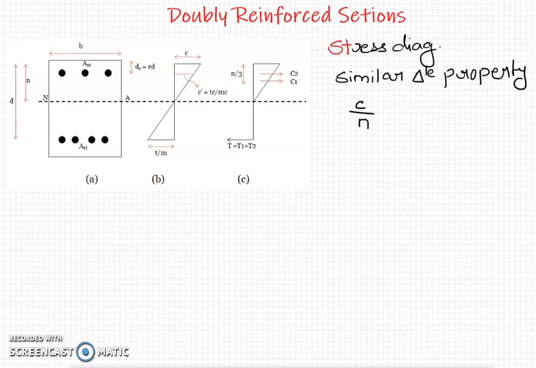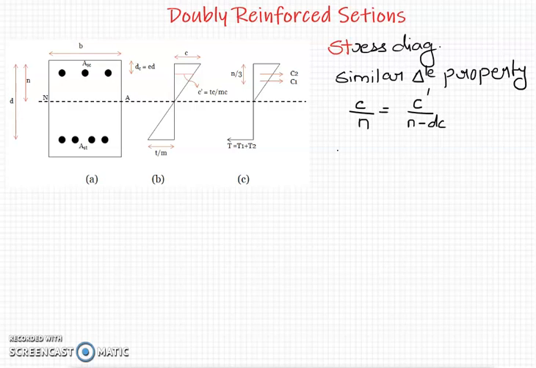So this triangle, small c divided by n, I can write it equal to c dash upon this distance, which is n minus dc. Okay, so I'm just taking two triangles, that is this bigger one and the smaller one. So this is the compressive stress in concrete, this is the compressive stress in compressive steel. Okay, so C upon N is equal to C dash upon N minus dc.